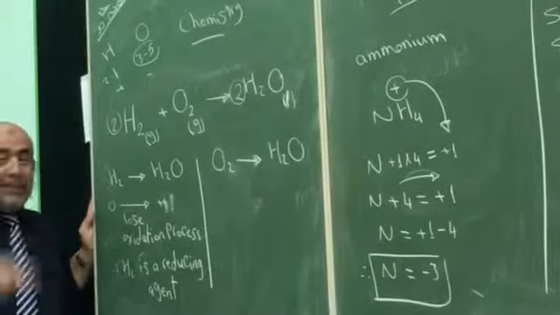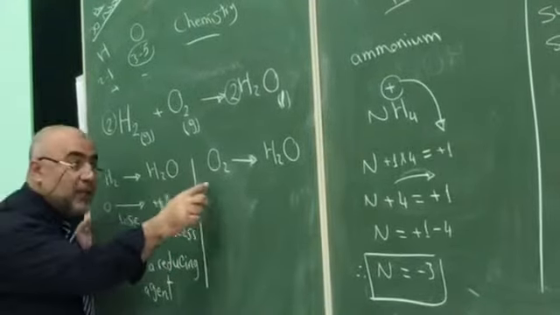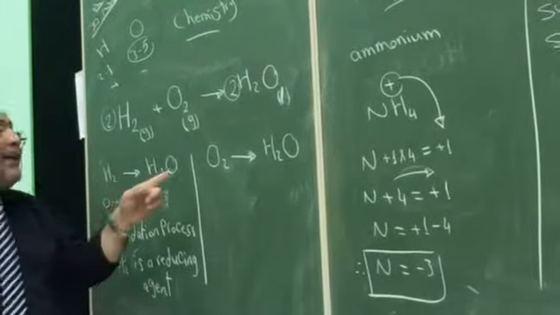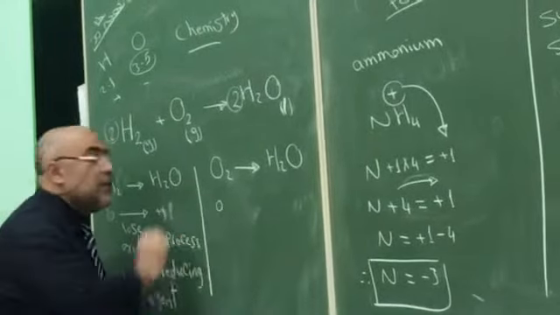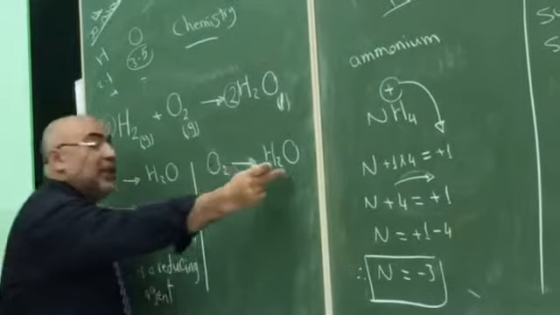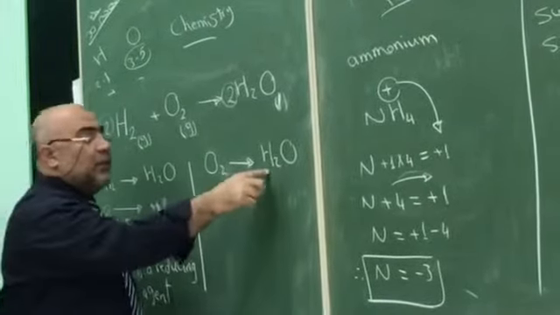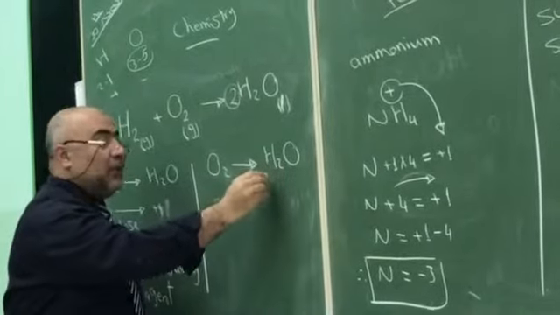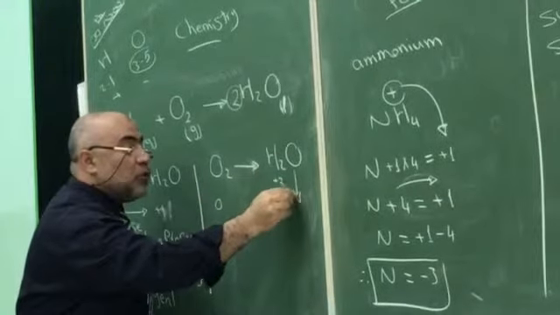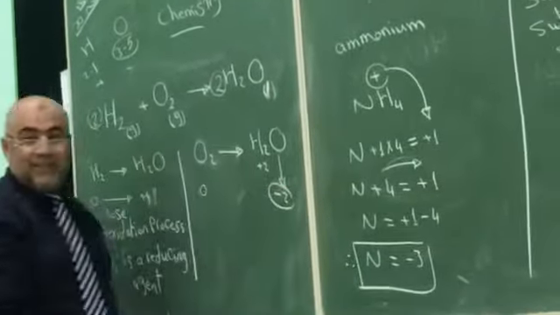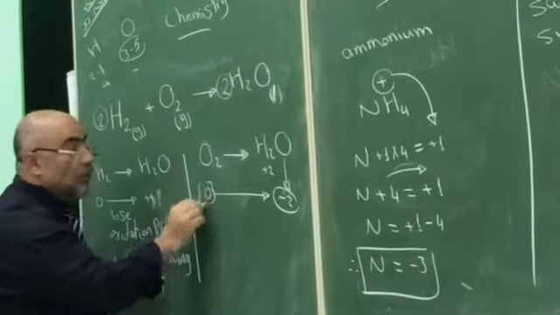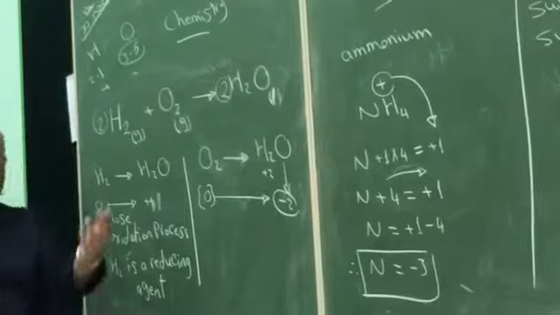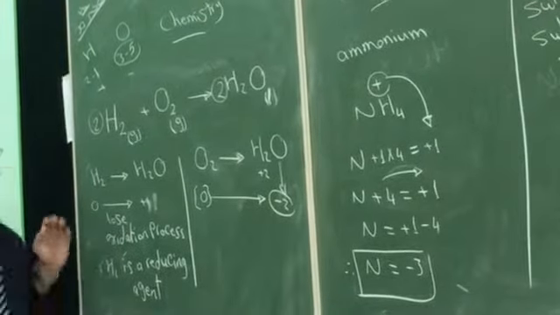I'll repeat the same sentence again: the oxidation number of any element in its molecule equals 0. Oxygen here, +1 times 2, that means +2, so oxygen should be -2, right? 0 to -2 means it gains 2 electrons.